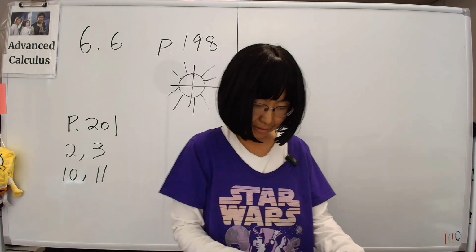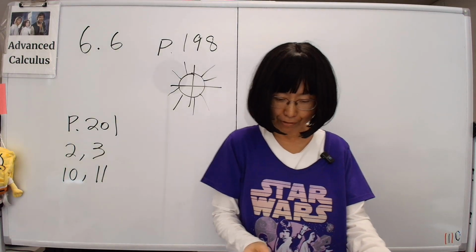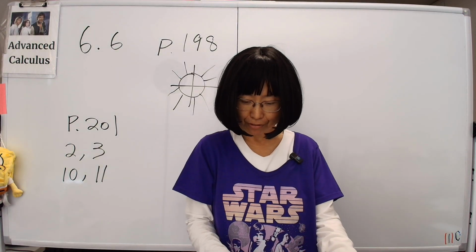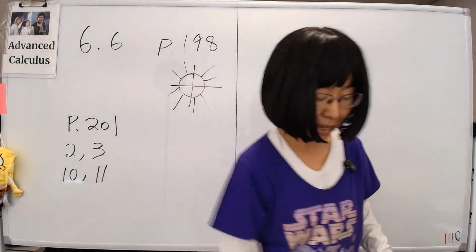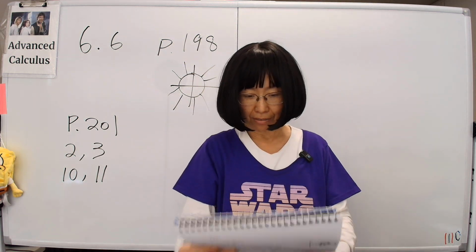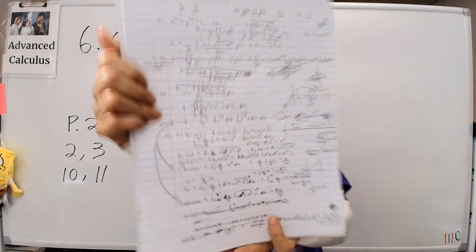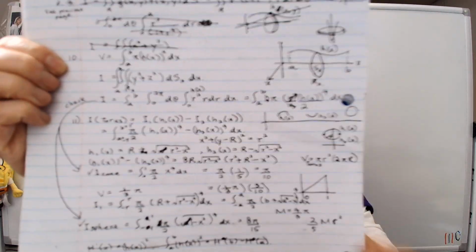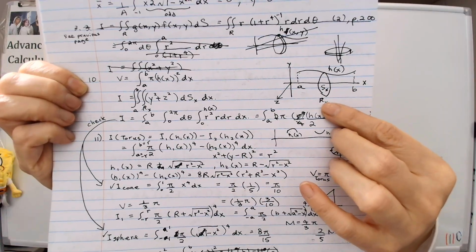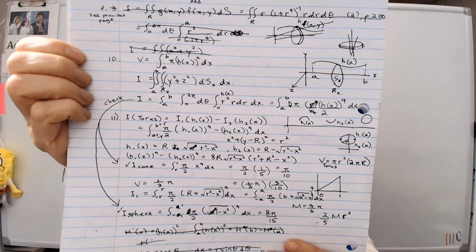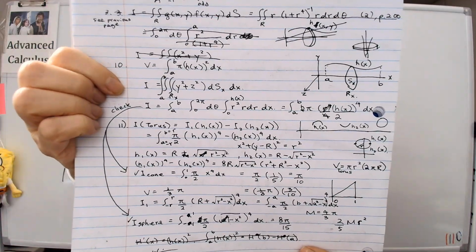So next, let's consider problem 10. We need a formula for the moment of inertia of a solid of revolution about the axis of revolution. That's just a matter of plugging stuff in. We have a graph of something, right? And then we spin this thing around. We haven't really done the volume, but we'll just apply the same principle.